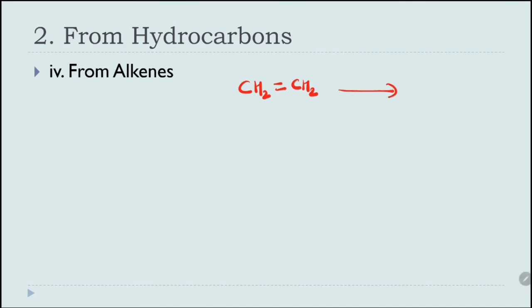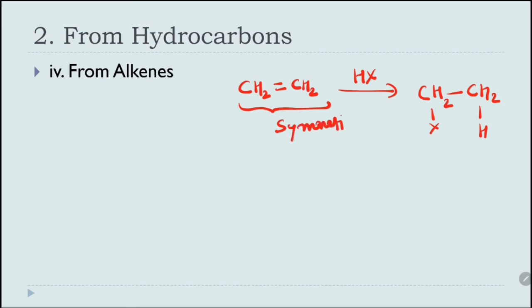So when we react this alkene with HX, the double bond will break and one hydrogen and one halogen will be added. But this alkene is symmetrical, so you can attach hydrogen or halogen anywhere you want.